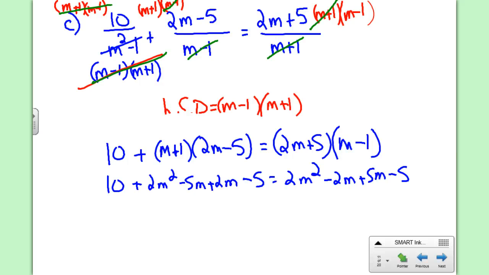When we bring that all together, let's see what we get. The 2m squareds we can blow up because they're the same. The minus 5 we can blow up. That's the same on both sides.